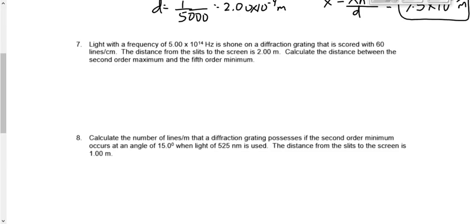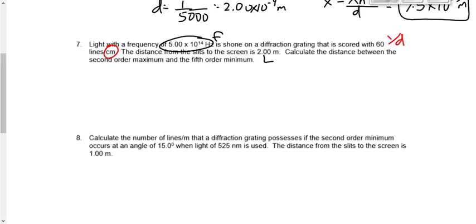And 7, the last one that I asked you to do for homework. This is light with a frequency of 5 times 10 to the 14 hertz. Once again, frequency. Diffraction grating that's scored with 60 lines per centimeter this time. This is 1 over D, but it's in centimeters. We're going to want to convert that.